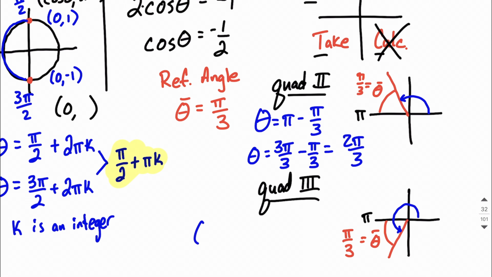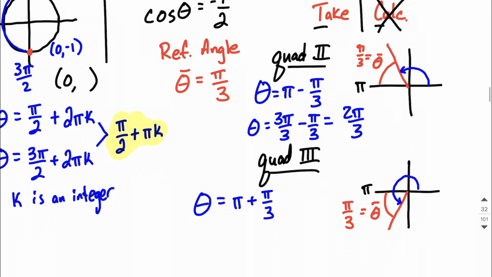So that is given by starting with pi and then adding pi over 3, your reference angle. Again, rewriting this as 3 pi over 3 plus pi over 3 to get that common denominator, it's going to be 4 pi over 3.